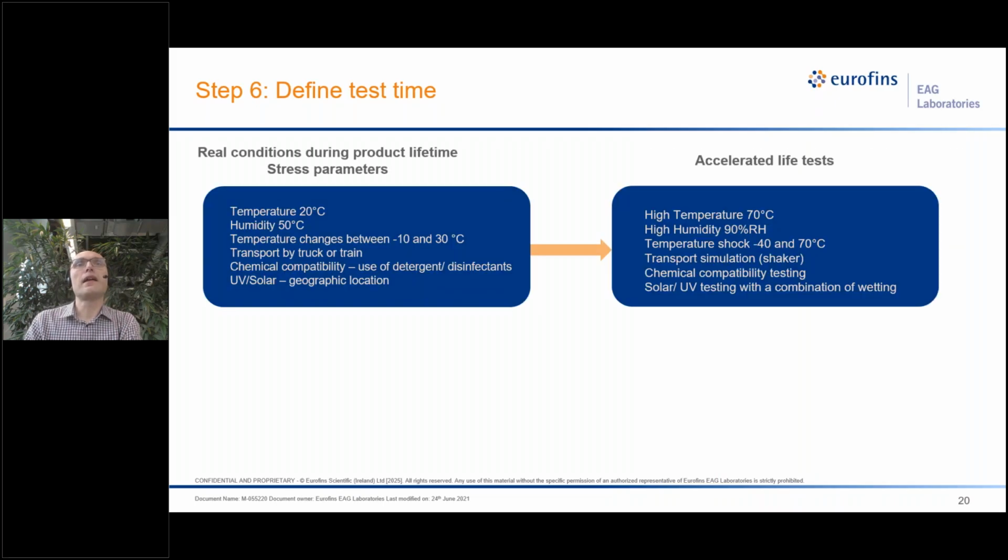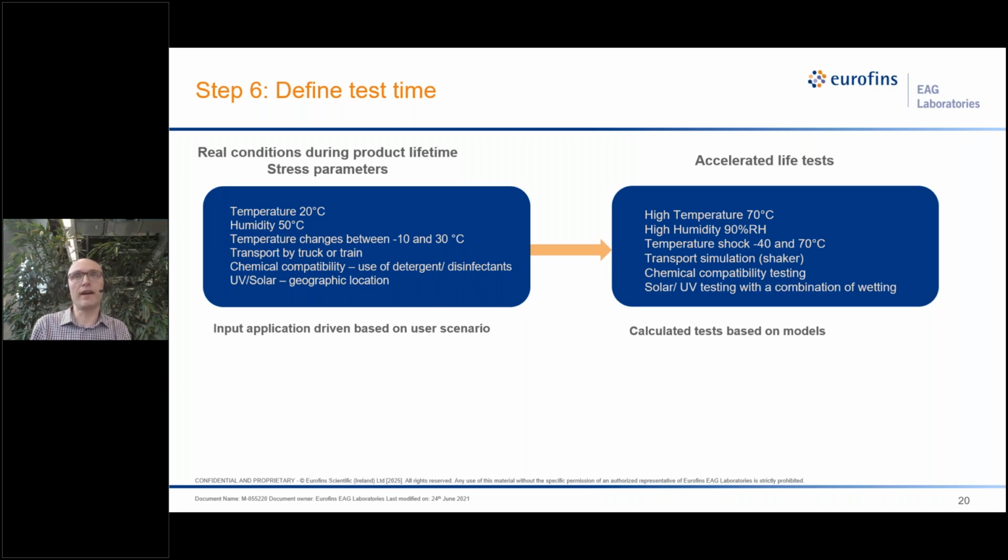The next step is to make a translation between these real conditions and tests that we can perform in the reliability lab. It's important to be able to calculate an acceleration factor to shorten the test time, as discussed, but it is also important to make this translation in the right way.